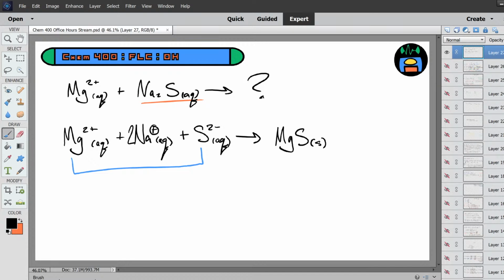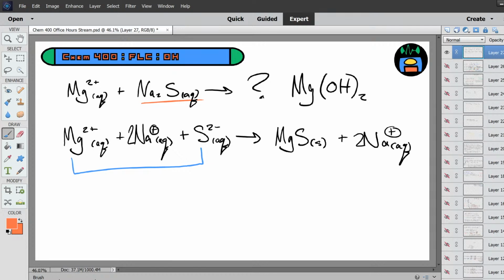All right. Now, that should be the product, plus you should get your spectator ion, sodium. One thing that should not be the product is magnesium hydroxide. Hydroxide is nowhere in this reaction. That is not the product.